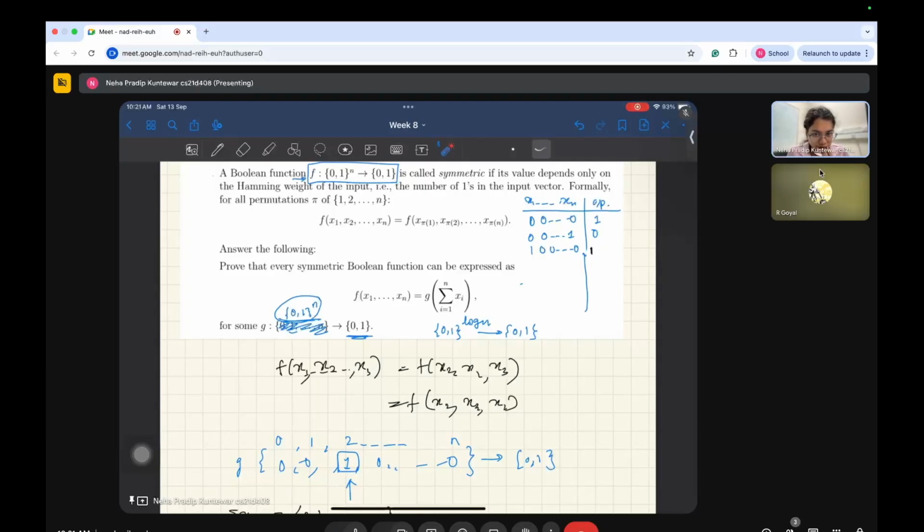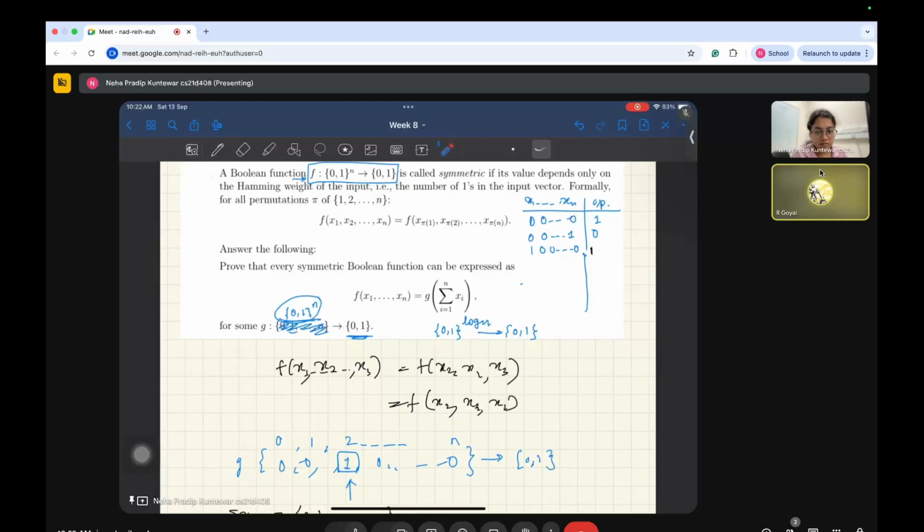Are you convinced that just showing that there's a function G is enough? Yes. So f of x1, x2, and x3 would be the same as g of the value 3, assuming that x1 is 1, x2 is 1, and x3 is 1.